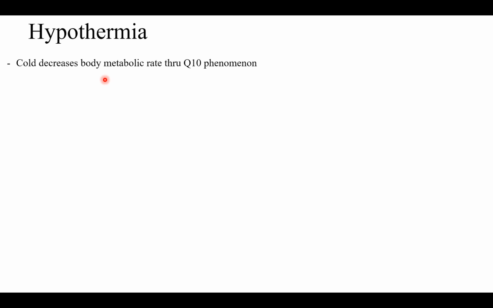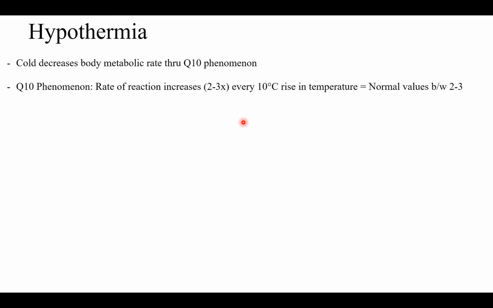So cold depresses body metabolic rate through the Q10 phenomenon. And what is the Q10 phenomenon? Q10 phenomenon is basically that the rate of reaction increases 2 to 3 times every 10 degrees centigrade rise in temperature. And the normal values are between 2 to 3.